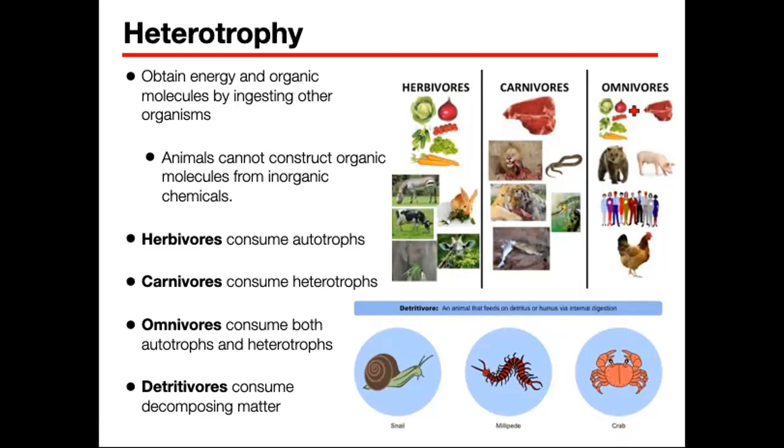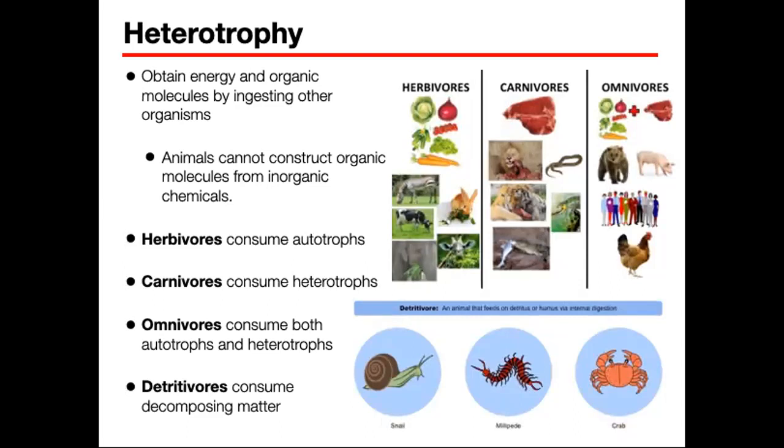And if it consumes both autotrophs and heterotrophs, that's omnivores. Okay? Let's add here our detritivores, which are basically organisms that are able to consume detrital matter, no, our decomposing matter. So we have examples in the slide, no, we have a snail, a millipede, and a crab, and they are usually on the lower strata, no, of ecosystems.